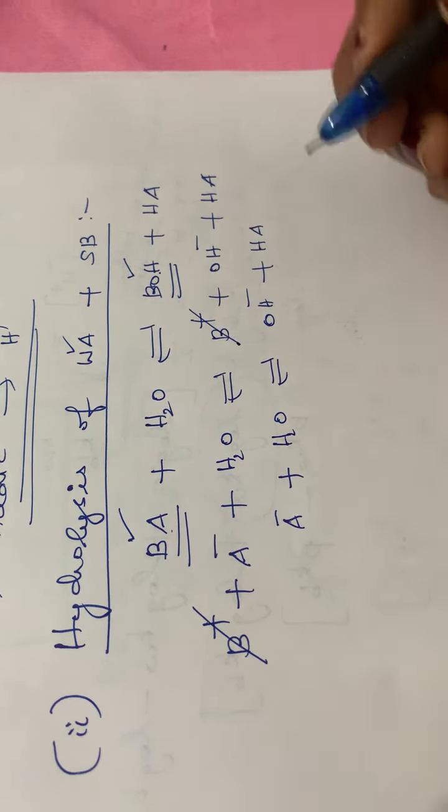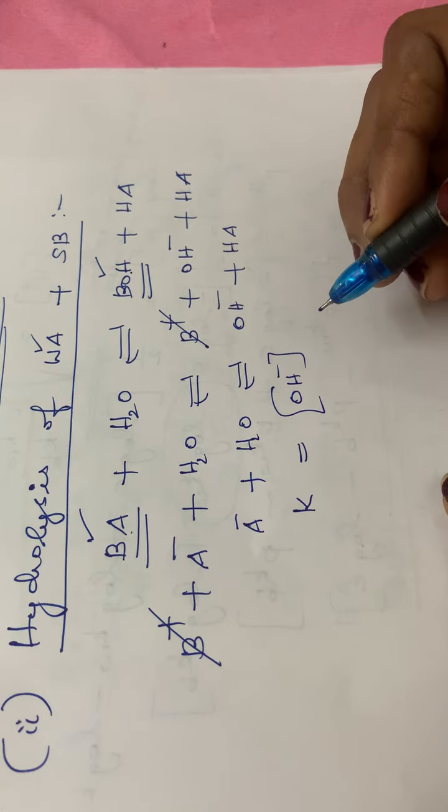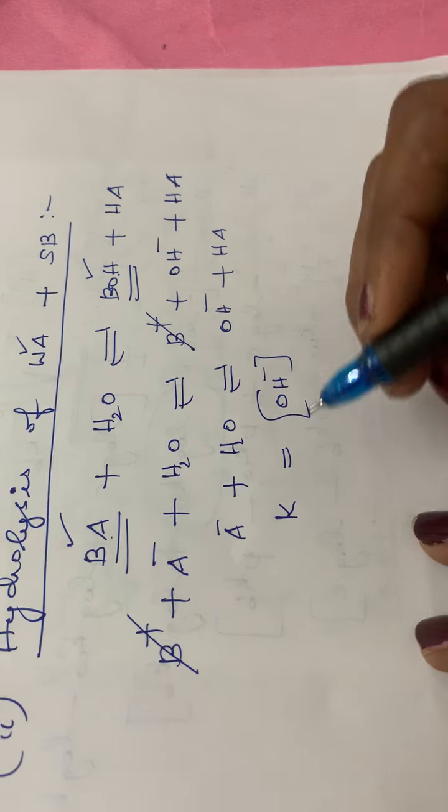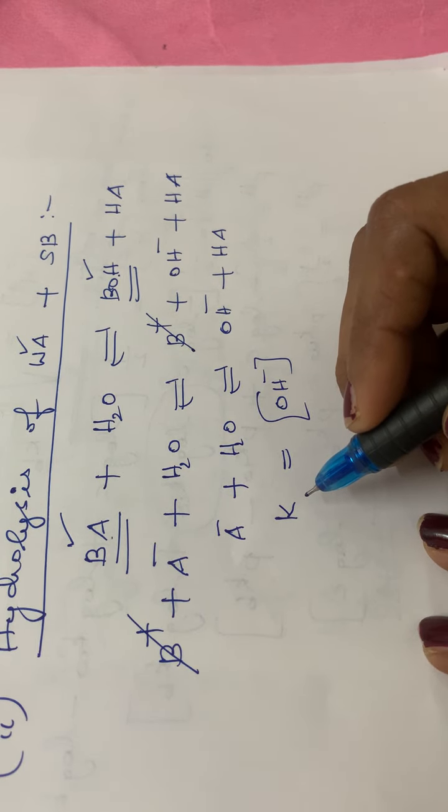Therefore we can write the equilibrium constant as K is equal to the concentration of OH minus into the concentration of HA divided by the concentration of A minus into the concentration of H2O. This is a similar case to what we discussed in the first one, where we also found the hydrolysis constant Kh.